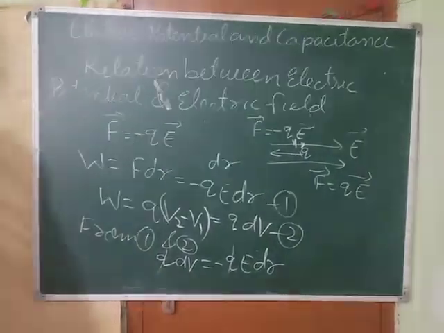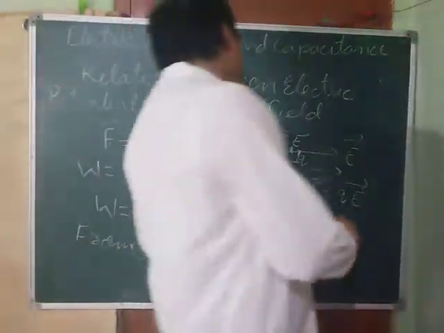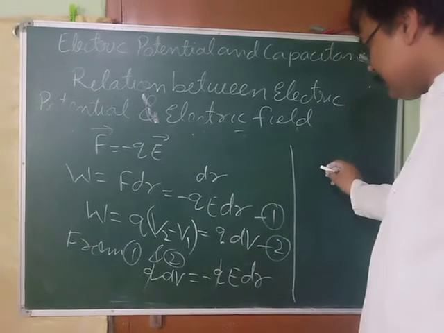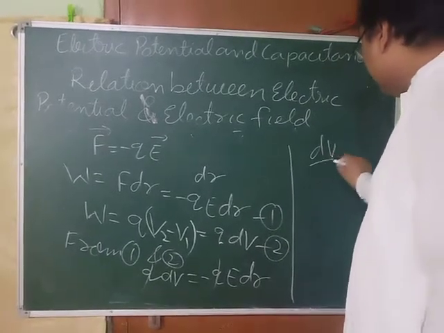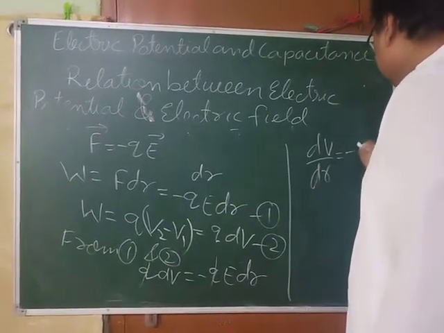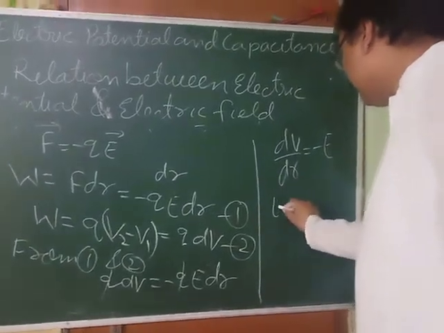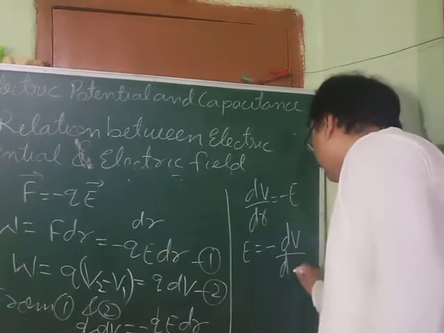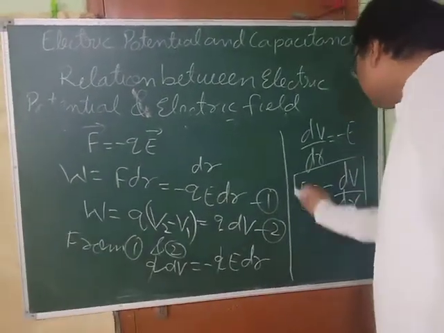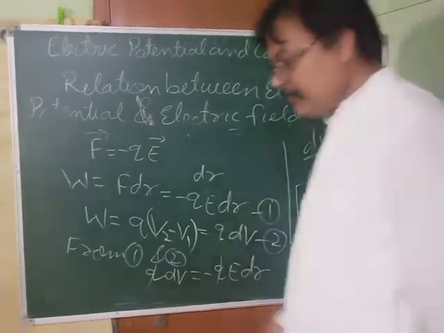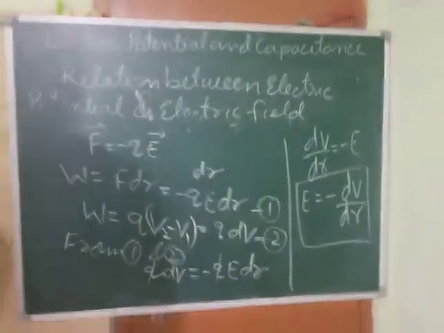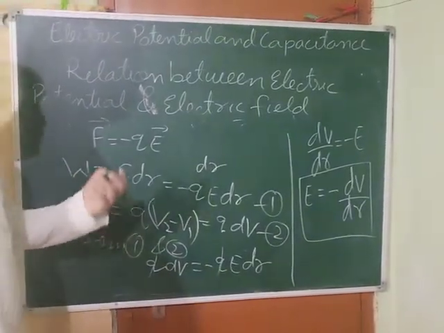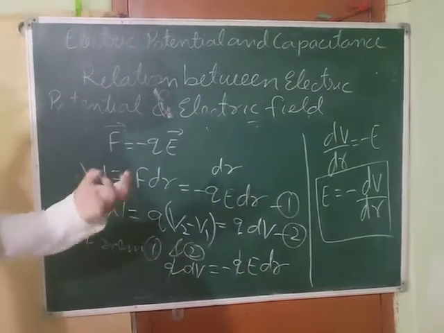So we can write dV upon dr is equals to minus E, or we can write E is equals to minus dV by dr. In this way we got this relation. So this is differentiation of potential with respect to distance.